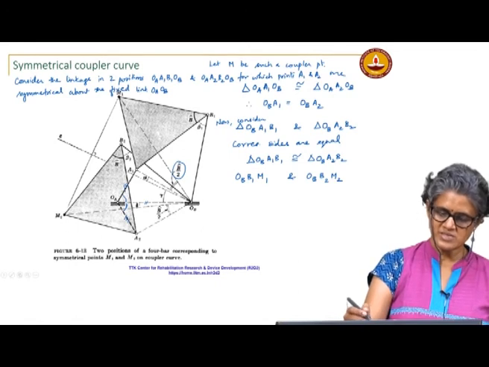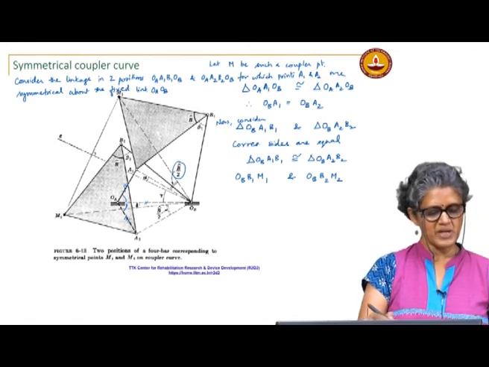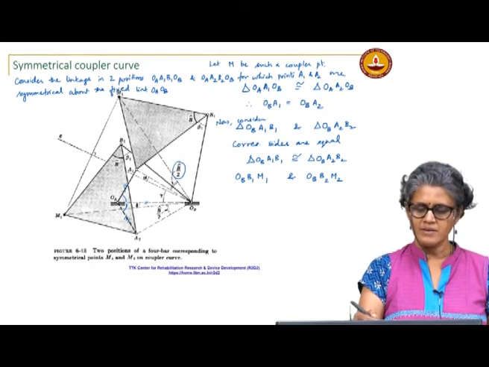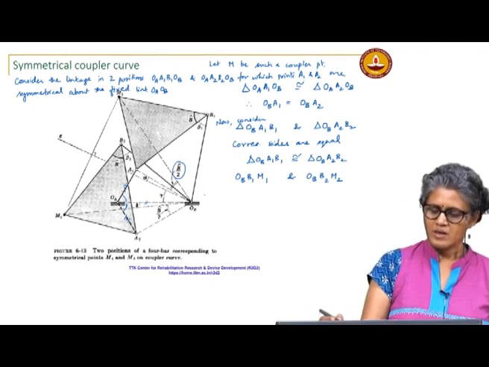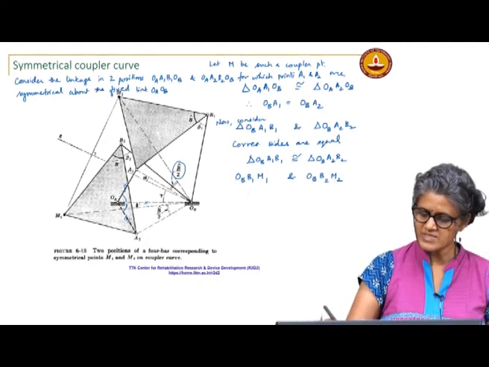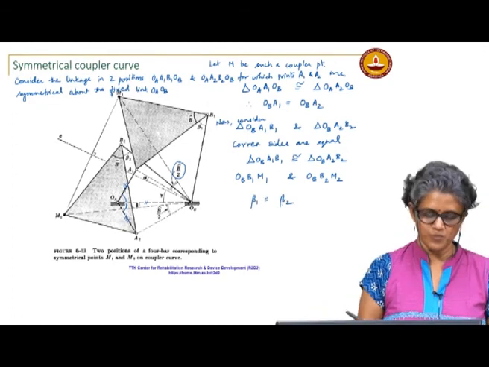So that means, this we already know is this angle, therefore beta 1 equals beta 2 from these two, right? Because again the three sides are equal, beta 1 equals beta 2.